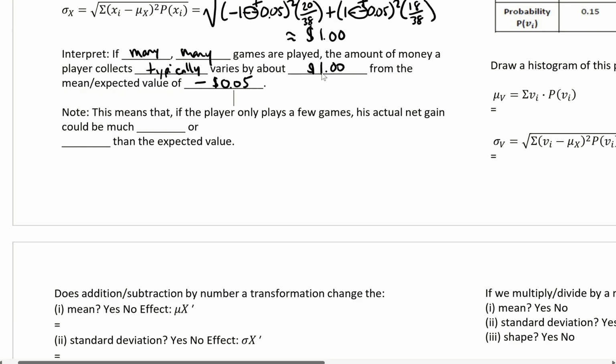And so you could make money: if you add $1 to this, that's 95 cents, because of the variability. But you can also go on the lower end and subtract $1 from this on average, and it would be -$1.05. So you get that variability. It could be much greater or much lower than the expected value.